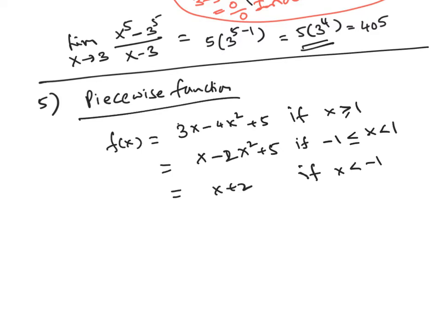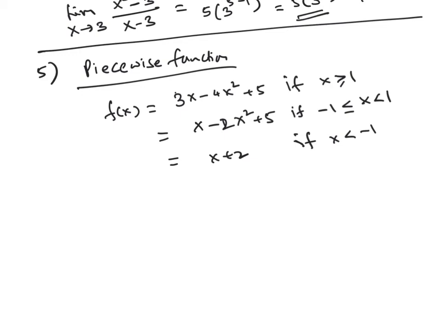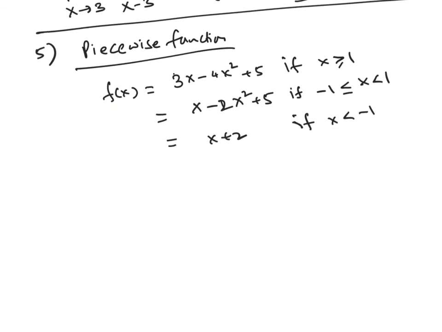That means based on the number, they want you to take the piece. If x is more than 1, take the first piece. If x is between negative 1 and positive 1, including negative 1, take the second piece. If x is less than negative 1, take the third piece. And if they ask me to find out, I'm going to show you 3 different limits here.